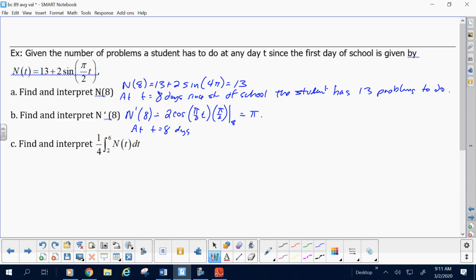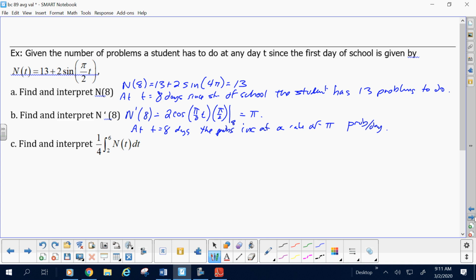So you need to interpret the sign. At time equal 8 days, the number of problems is increasing at a rate of 5 problems per day. I guess that means the teacher's assigning more than the student is doing.